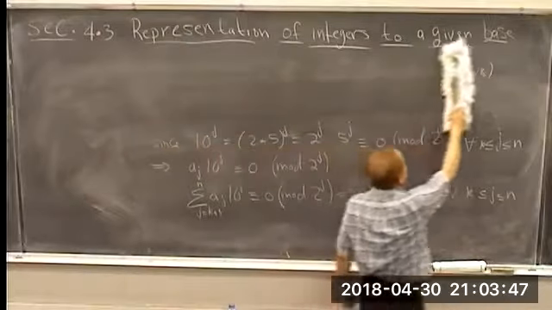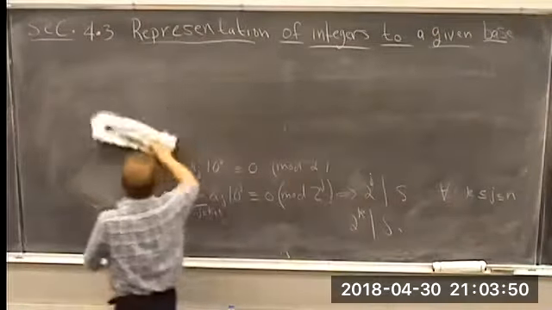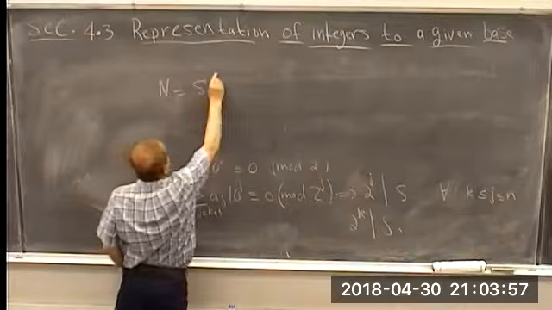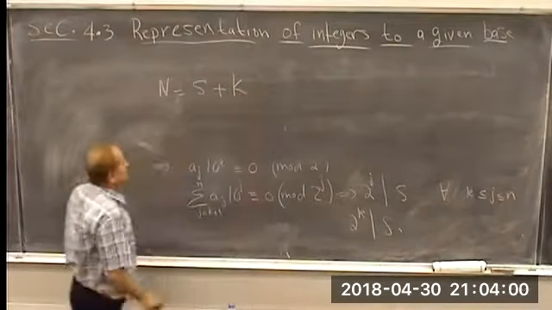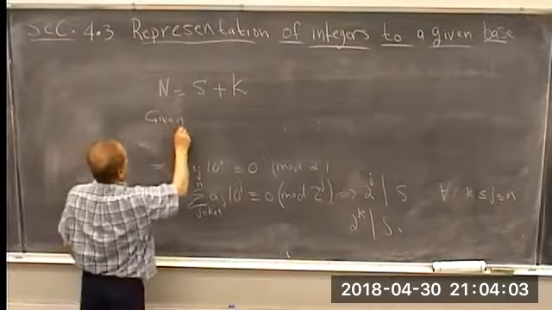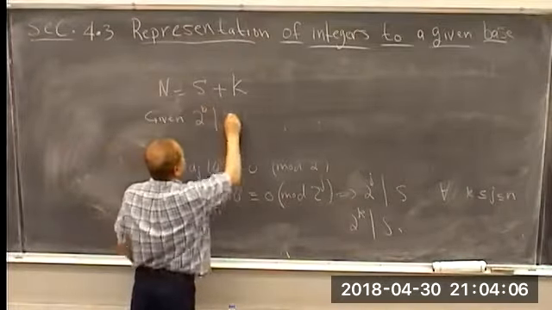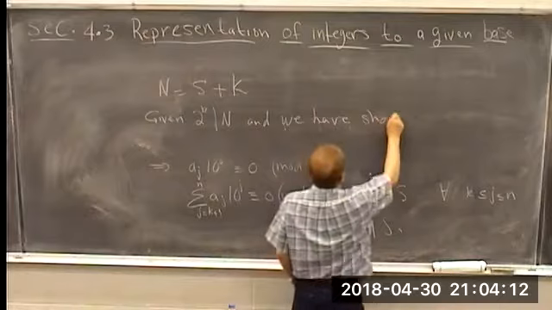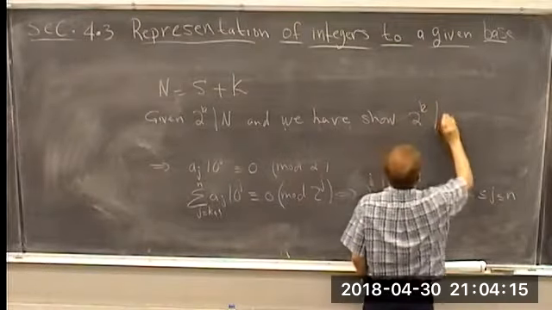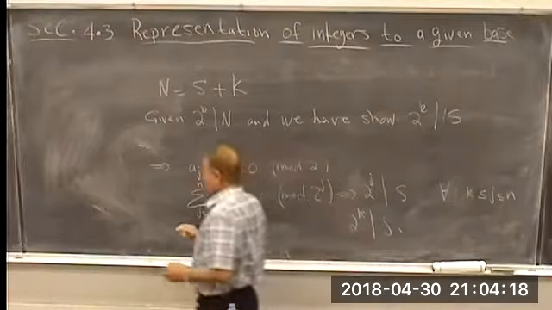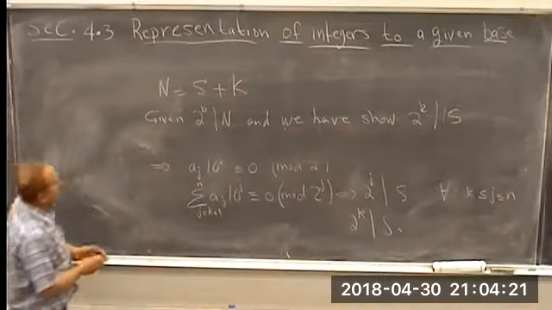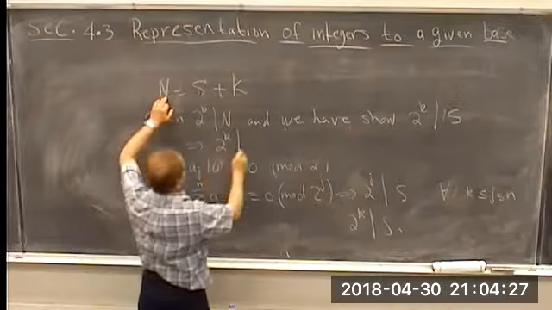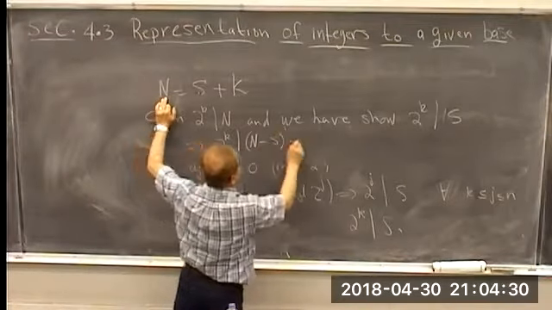Remember that we wrote N is equal to S plus R. We are given, our assumption is 2 to the k divides N. And we have shown 2 to the k divides S, so it divides a combination of these, and the combination is going to be 2 to the k divides N minus S. But this is equal to R.